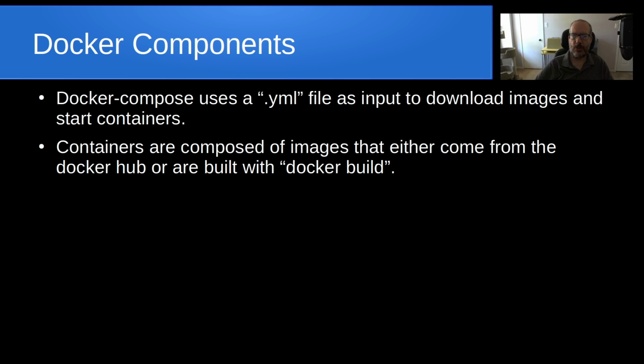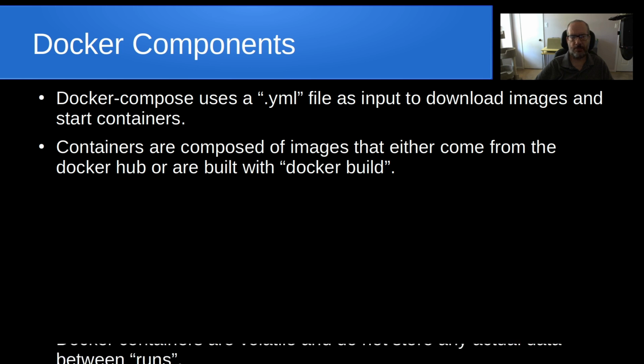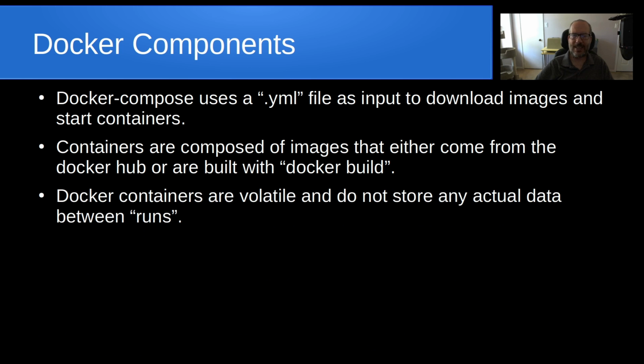Containers are composed of images that either come from the Docker hub or perhaps another hub for Docker containers, or they're built locally on your machine with a command called docker build, and I've covered that on the channel before. So Docker containers are volatile and they do not store any actual data between runs.